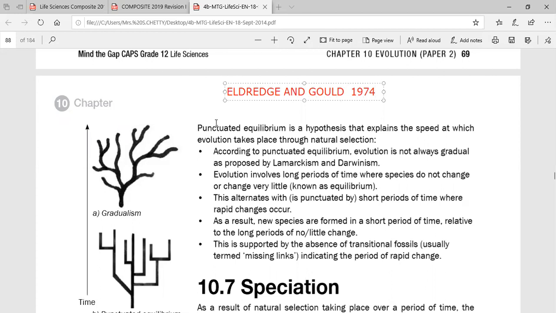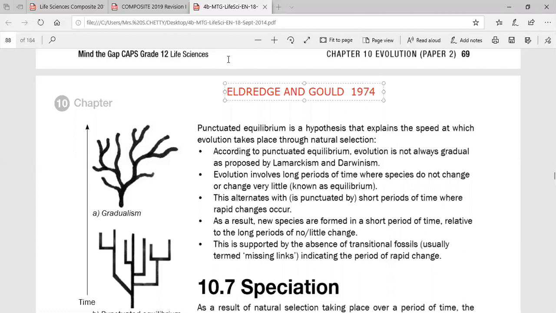And I'd love for you to learn this off by heart. It is a hypothesis that explains the speed at which evolution took place. According to punctuated equilibrium, evolution is not always gradual. It doesn't occur slowly over a long period of time.